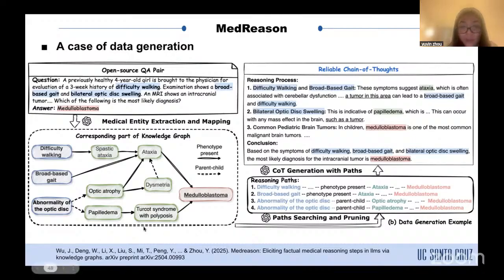And finally, after pruning some ineffective or redundant paths, we throw the final paths into GPT-4 and use that to do the COT generation with the paths. And finally, as we can see in the upper right part, this is our final reasoning process that contains reliable chains of thought that form our MedReason dataset.